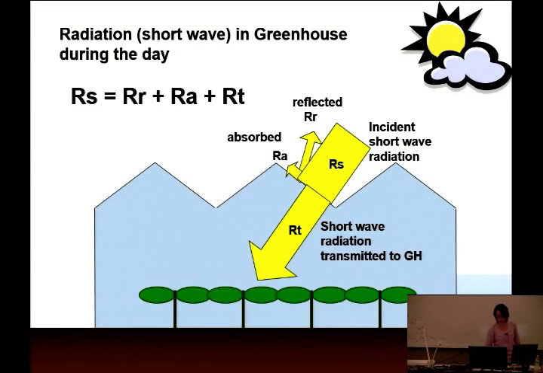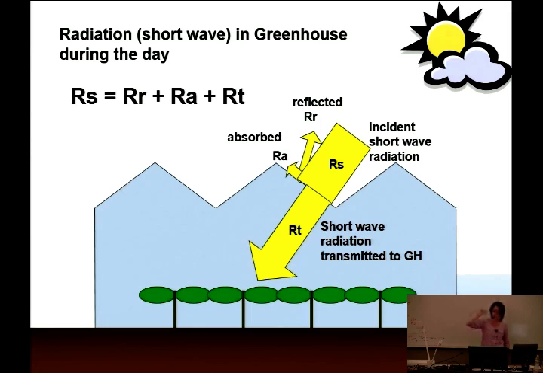Some of the keys to understanding the light environment in a greenhouse: the glazing or covering material does not transmit the light 100%.